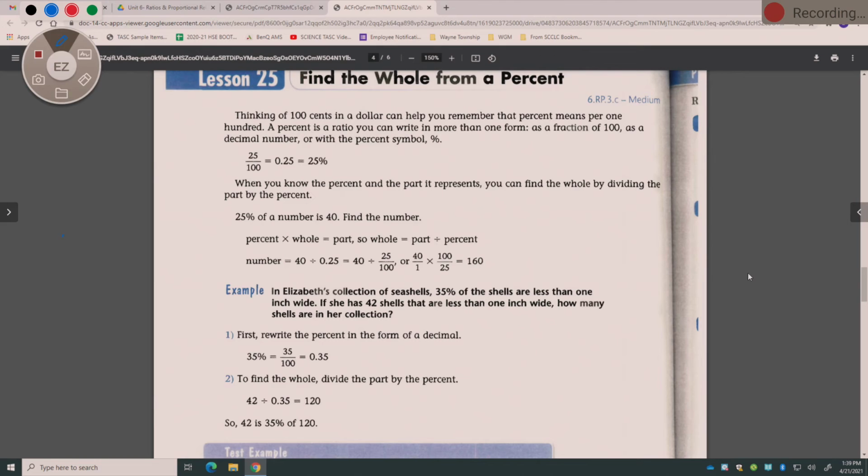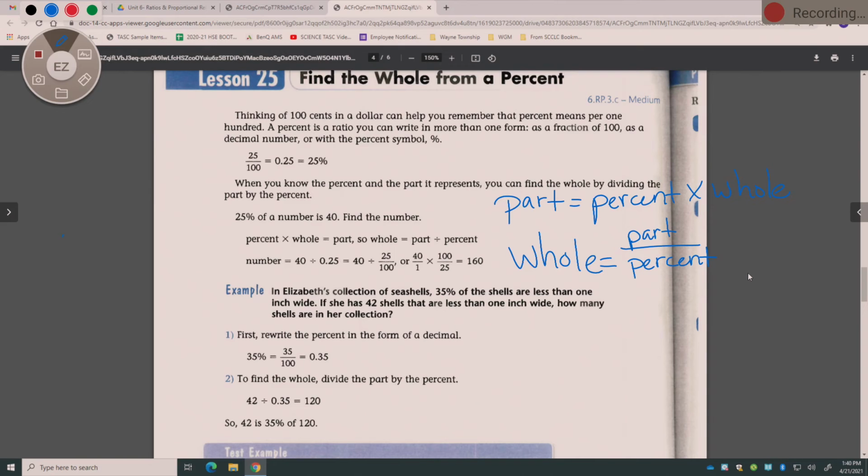So just like a part equals the percent times the whole, the whole equals the part divided by the percent. And remember, in all of these, we're transforming our percent into decimal form.